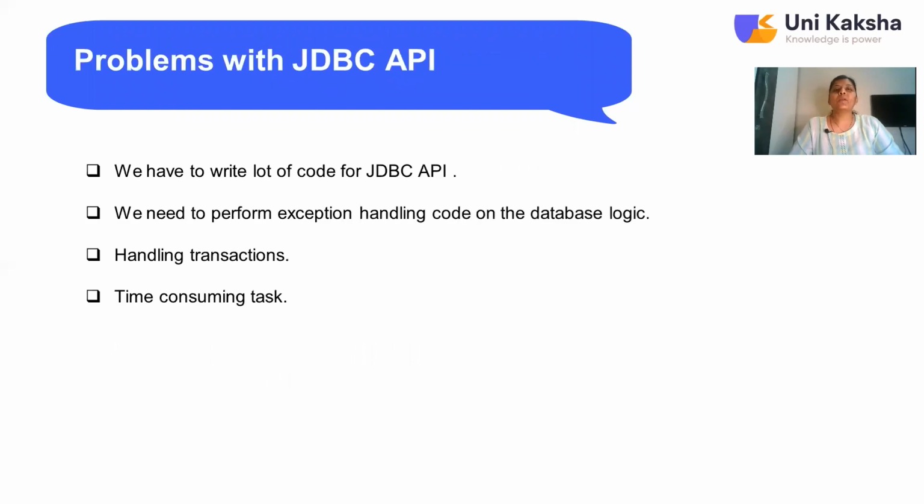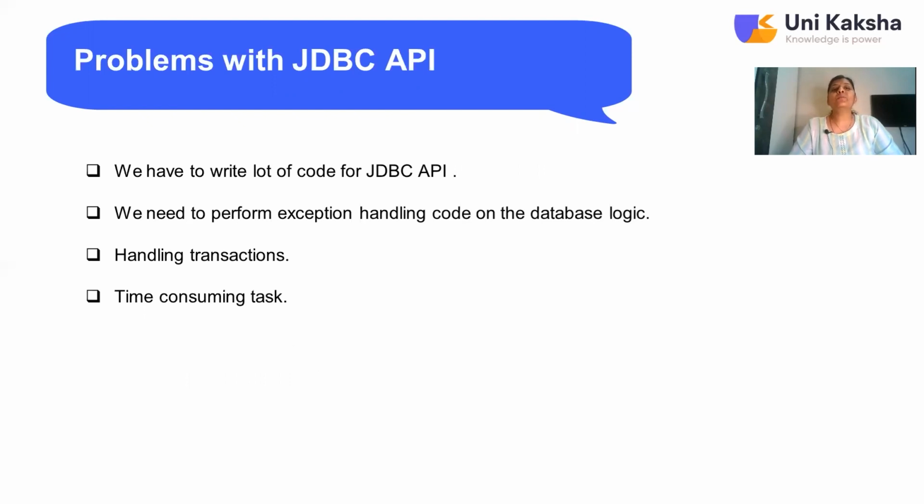Now, whenever we are going to use this Jdbc API, then we have to face lots of problems. Like we have to write lot of code for Jdbc API, that is for opening a connection, closing a connection, for accessing data from the databases, for calling a driver. So we have to write lots of code there.